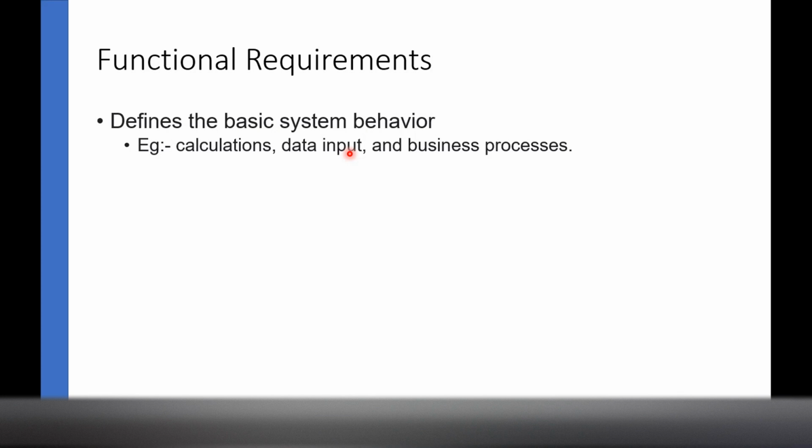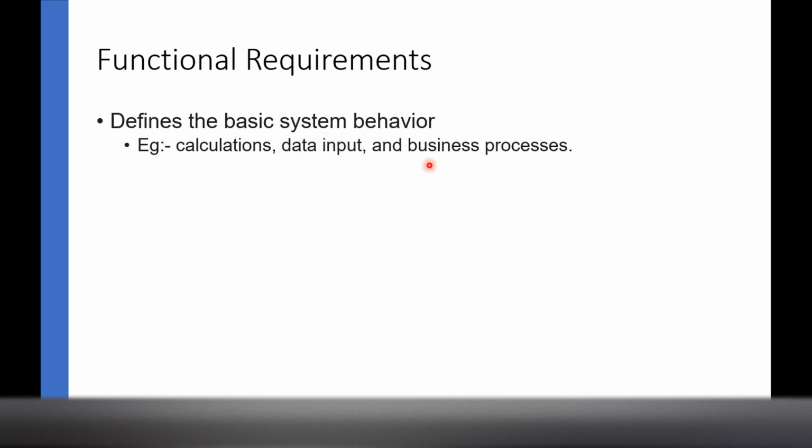Reaction means you can have a like, or you can use an emoji as a data input, or simply you can upload your status. That is also a data input. So there are a lot of data inputs available for a given system. So you should find what the data inputs are under the functional requirement.